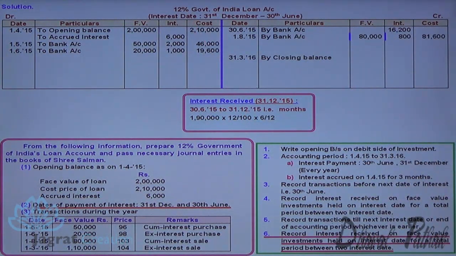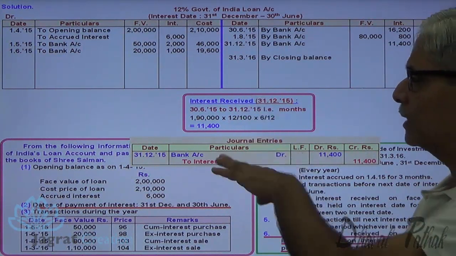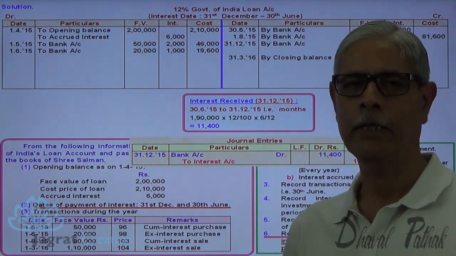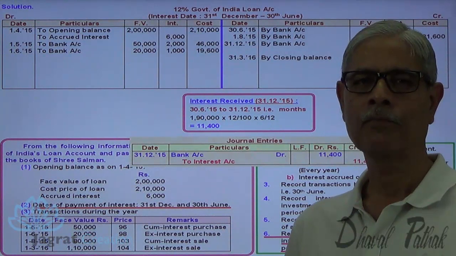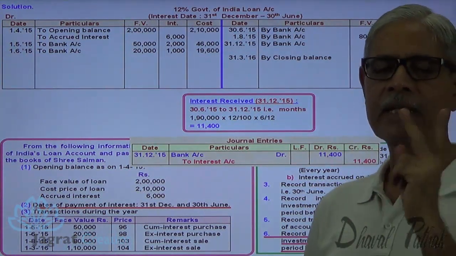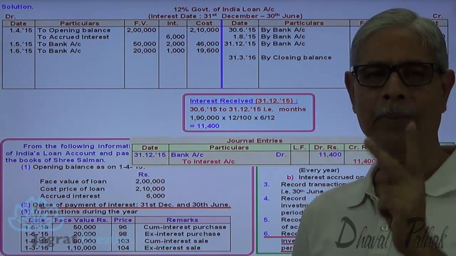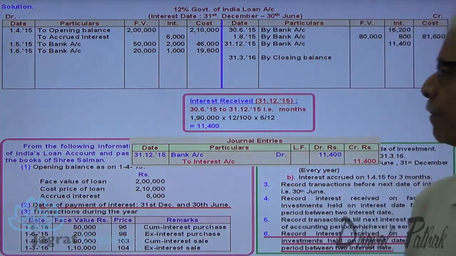This is the interest received. Bank account debit to interest account credit. So interest account is credited for that. This is how the interest entry is recorded on the date of interest, and the interest received entry is recorded for the period between two interest dates.